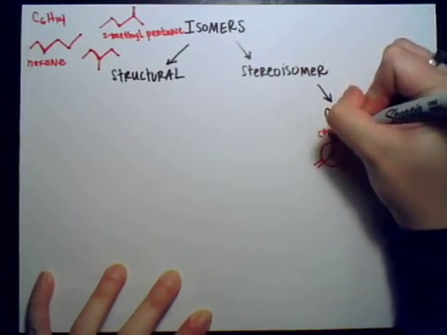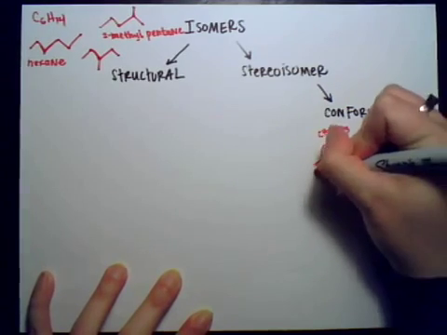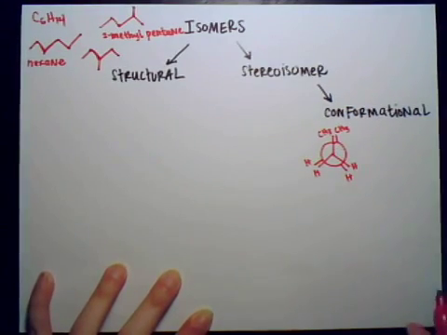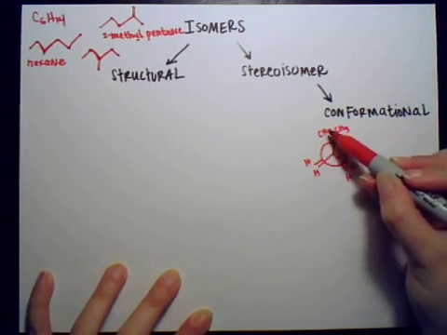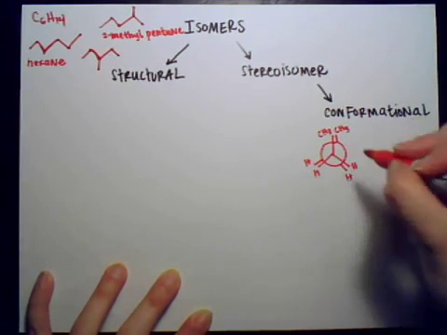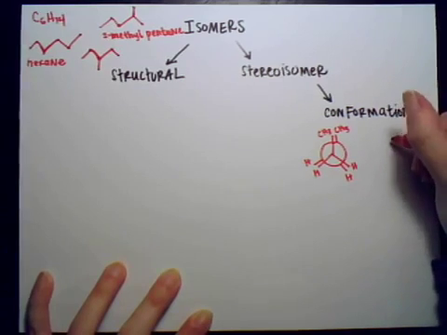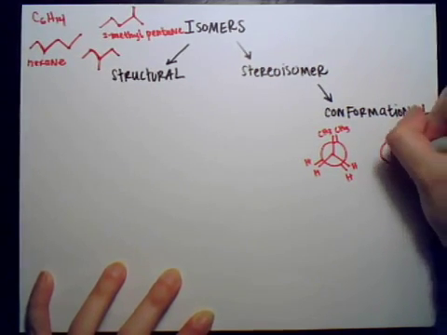If we have CH3, CH3, H, this would be butane, and this would be the totally eclipsed conformation of butane, because there are 0 degrees between these two bulky groups. For more explanation on how we get that, please watch video number 5.